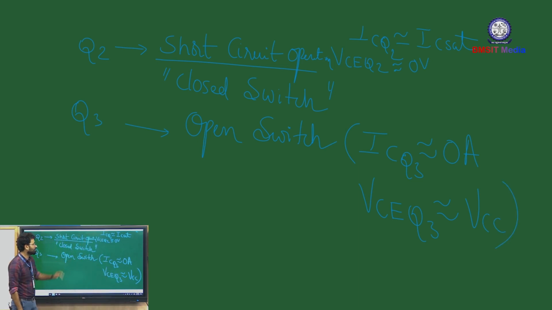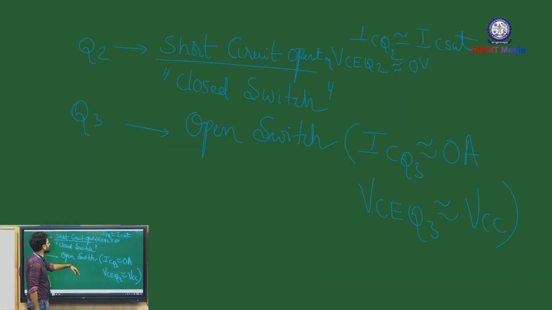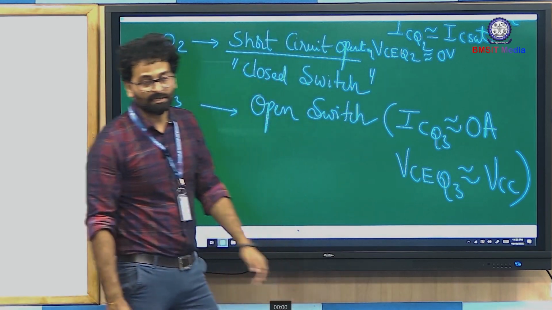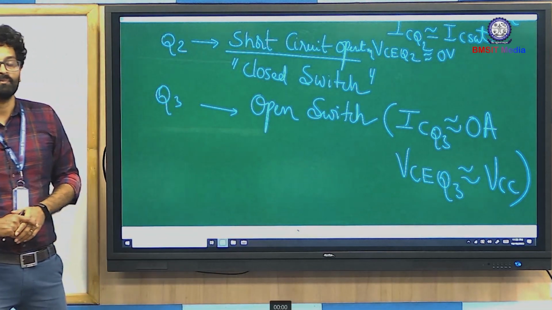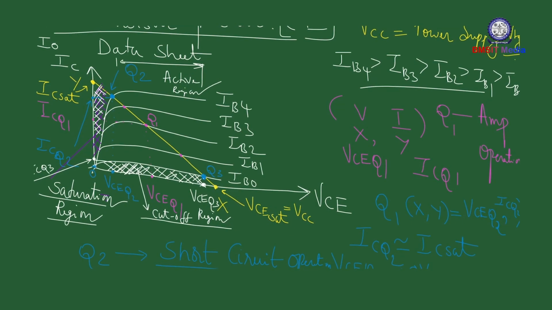So current is approximately 0 and voltage is approximately maximum. Similarly, short circuit operation is analogous to maximum current, which is IC saturation, and 0 voltage. So this is called the transistor operation or concept of operating point.